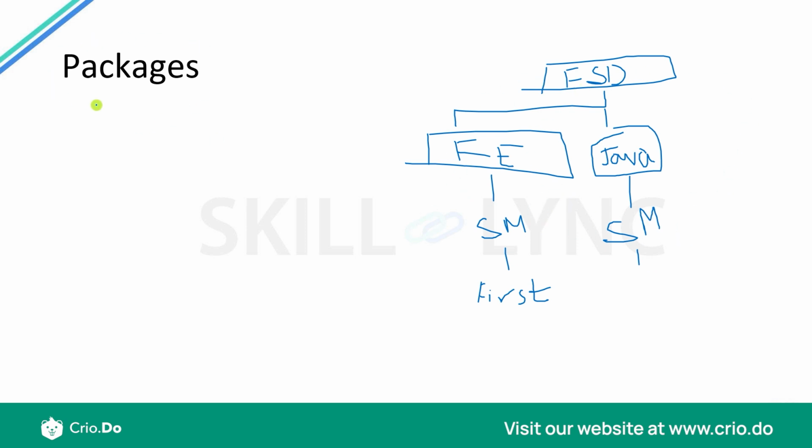Packages help the same way. Packages give logical organization to our files. It also helps us to not have any overlapping name problem. So for example, in your project, in your software, you have a software for a particular company. Now the company would have the HR department, the finance department, the engineering department, the marketing department, and all of that. Now in every department, you would have certain things. For example, if you have an e-commerce project, you would have the seller package different and the customer package different and all of that.